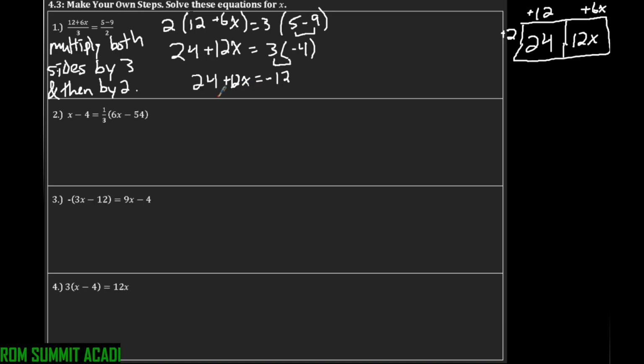Make sure you can get those constant terms on one side, since I have all my variables on one side as well. So I need to get rid of this 24, so subtract 24 from both sides. I have 12x equals negative 36. Last step, always divide by that coefficient, so I need to divide both sides by 12.